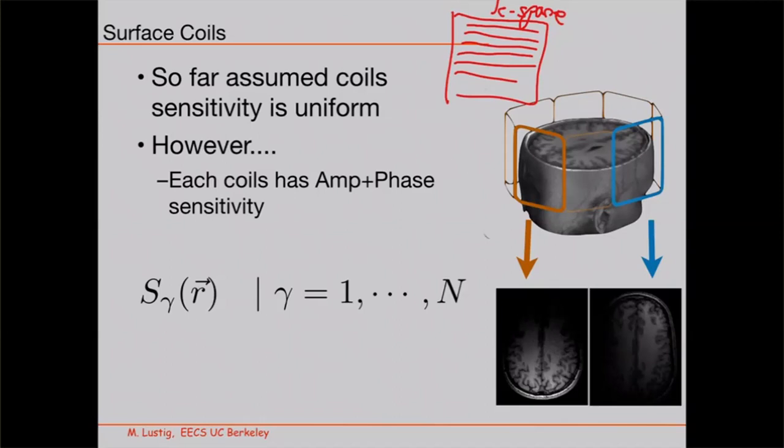And that sometimes happens. And so by definition, what we're going to do is like S gamma. Gamma is basically either coil 1, 2, or all the way to coil N at particular R, right? So that will be a sensitivity of the coils varies in space. And the sensitivity varies both in magnitude, but also phase. Phase varies as well.